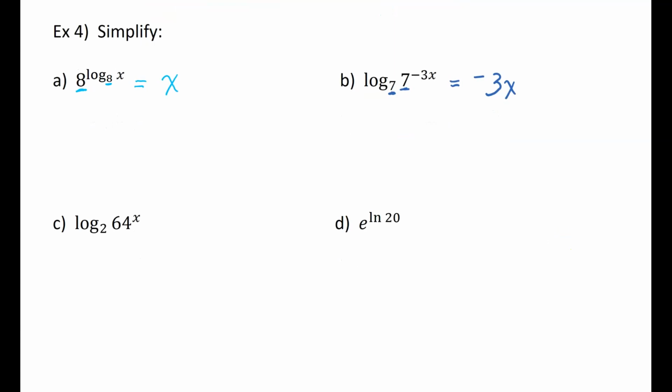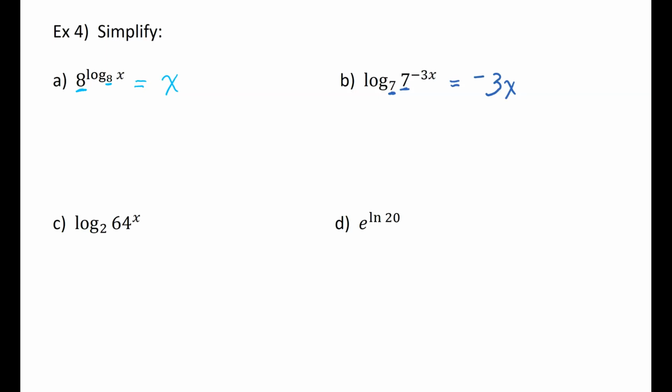And C, I have log base 2 of 64 to the x. What's changed here? The base. Yeah, they're not the same. However, do you notice a relationship between 2 and 64? It's 2 to the 6th.